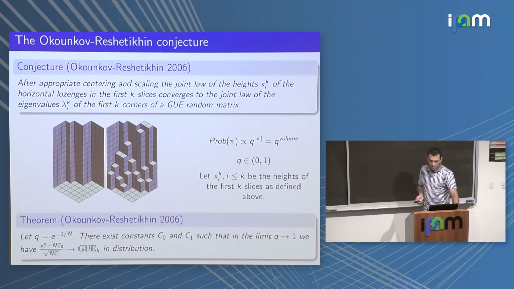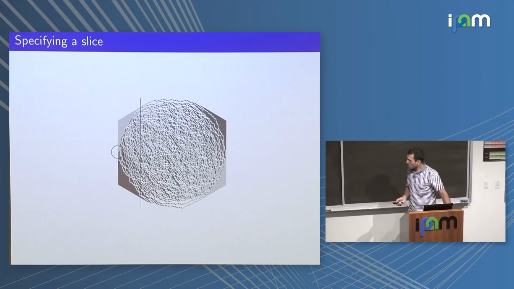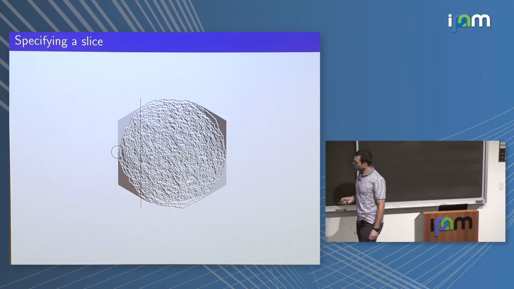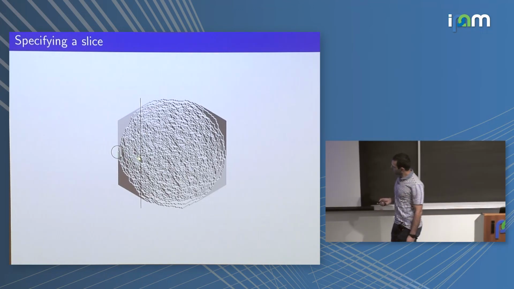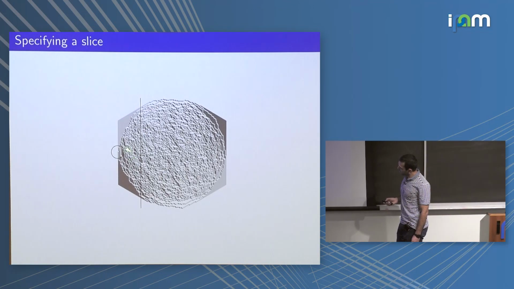So first, the positive result. We're going to consider regimes like this. We are interested in the asymptotics of the processes near this turning point. So let's think of a region like this. Let's have a slice here, and let's specify what's happening on this slice. You have a bunch of horizontal lozenges on a slice here, macroscopically away from this point, and let's specify the behavior of that slice.